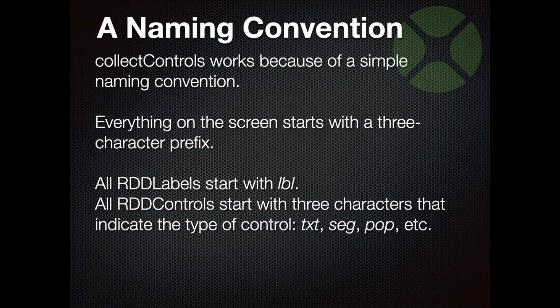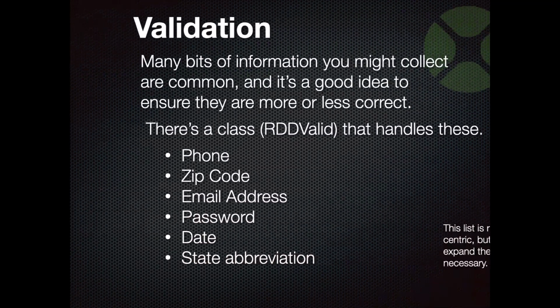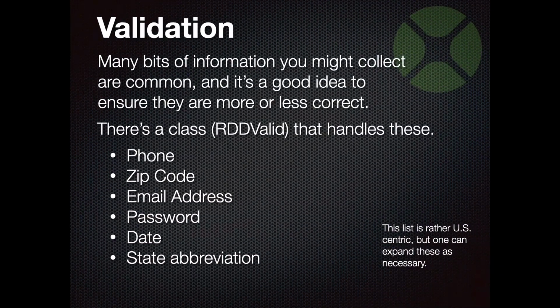And here's the naming convention. Okay, the validation. This is typically the stuff I validate. Well, I validate other things too, but this is really standard stuff that everybody validates all the time. And so there's a class that knows how to do these kinds of validations.